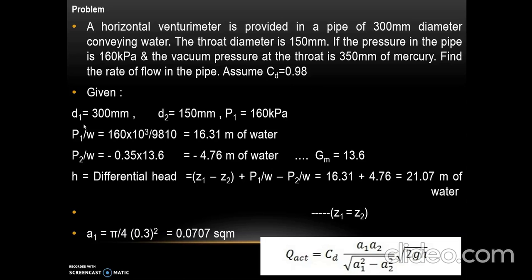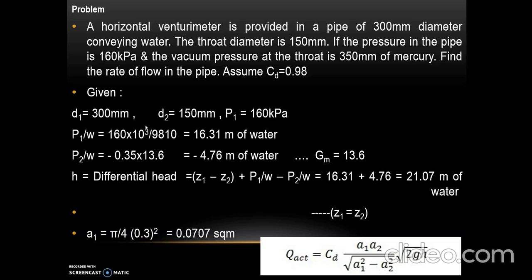The given data are D1 equal to 300 mm, D2 is 150 mm, P1 is 160 kPa. So we get P1 by W as 160 into 10 raised to 3, because here it is converted in terms of Newton per square meter, divided by W. W is also written in terms of Newton per cubic meter, so it is 9810.